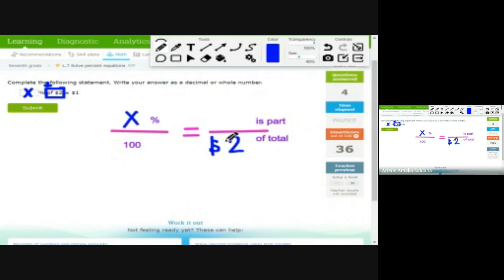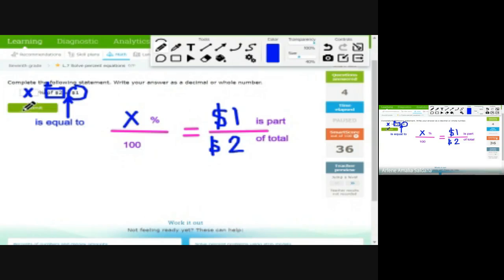And then whenever we have an equal sign like this, we usually read it as is equal to. Again, we find the keyword is, which tells me that the dollar is the part. So $1 goes on top. And how do we read this?